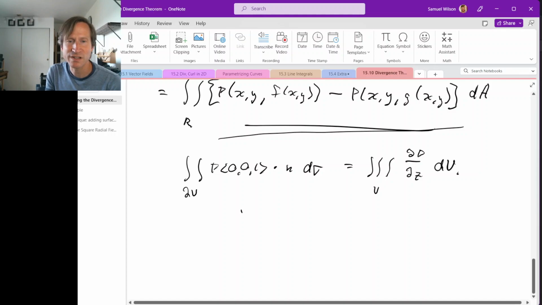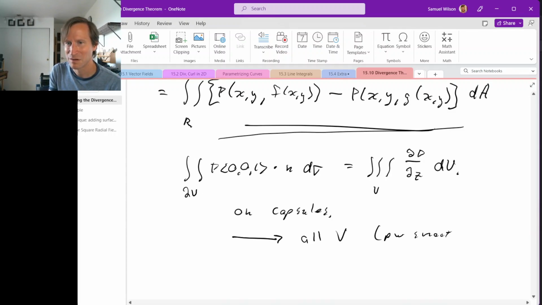We have proved this on capsules, but then we can patch capsules together, so when we patch capsules together, we know that this equation is true for all volumes with piecewise smooth boundary, of course, as usual.